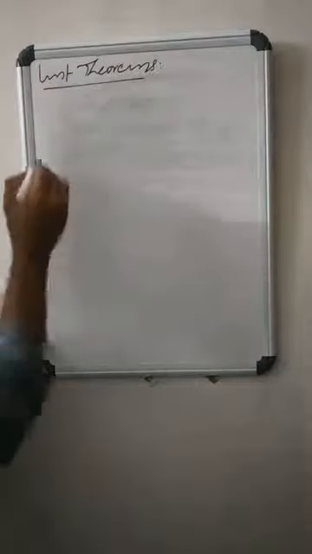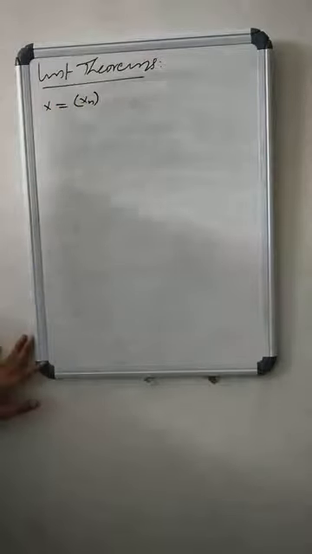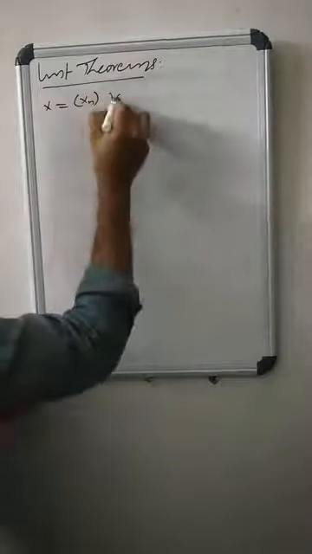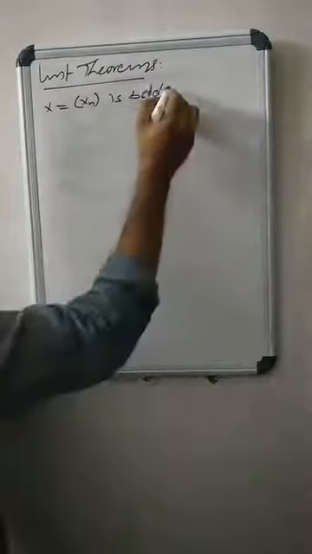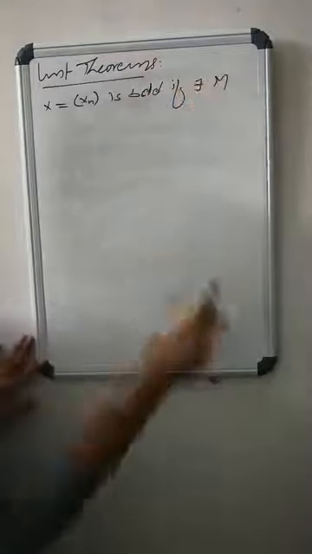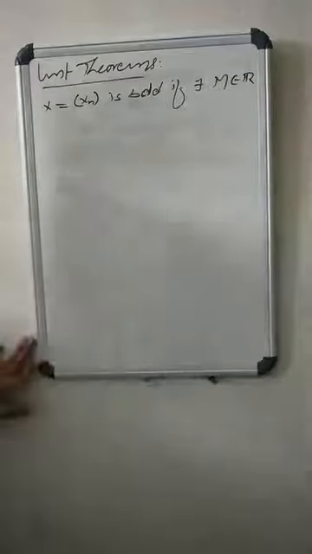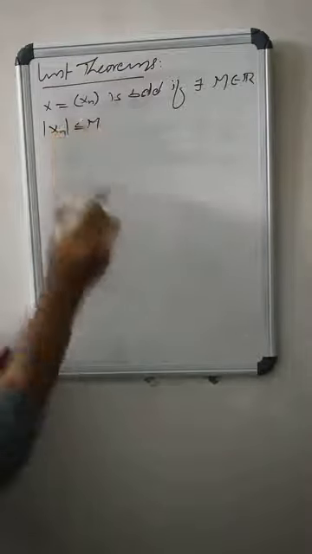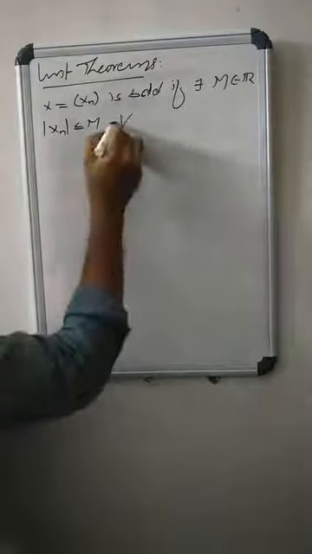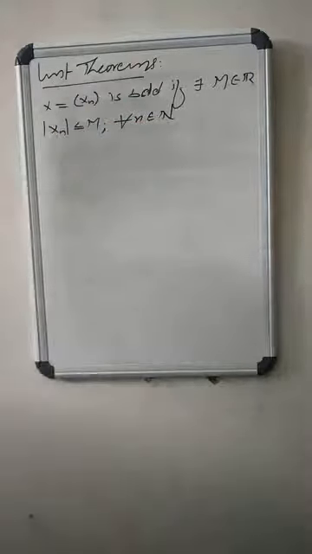When you say a sequence is bounded, consider the sequence x equals x_n, a sequence of real numbers. It is bounded if there exists a real number M, sufficiently large, such that modulus of x_n is less than or equals M for all n in N. So this is the definition of boundedness of a sequence.